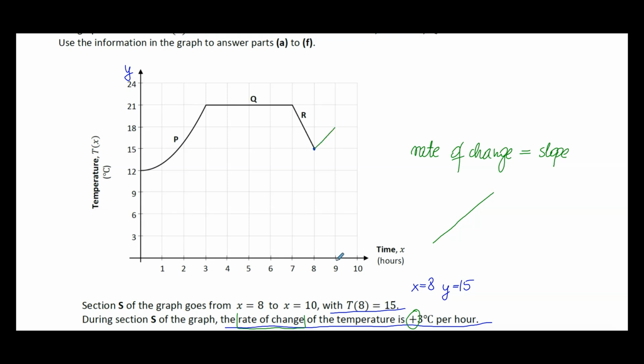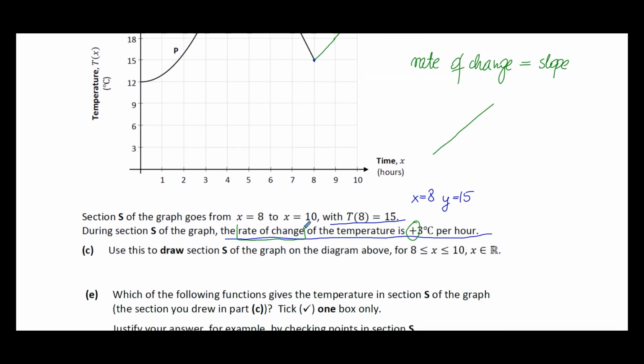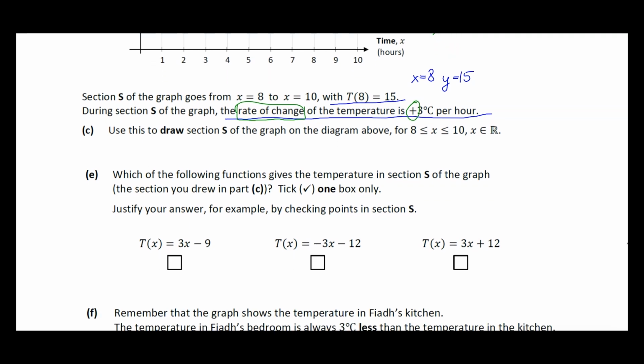Then from 9 to 10, another hour, the temperature will rise by 3 degrees again. Very important. We will come back to that concept later. It will be connected with one of the most difficult areas in your math, so it's very important to get that concept and remember it.